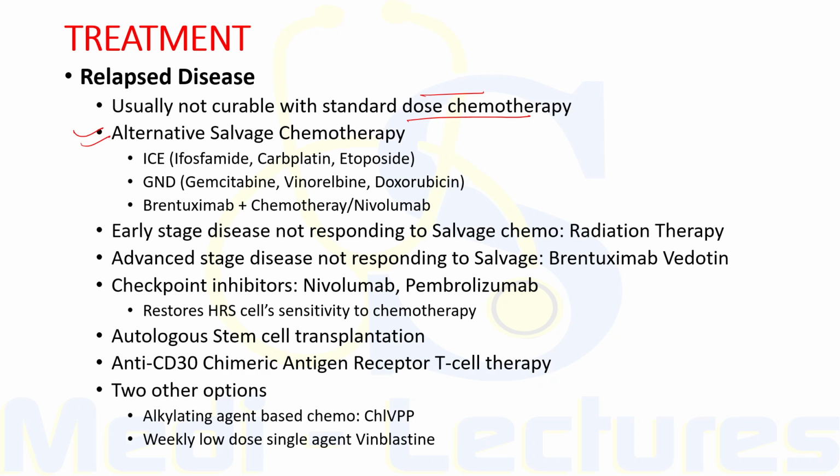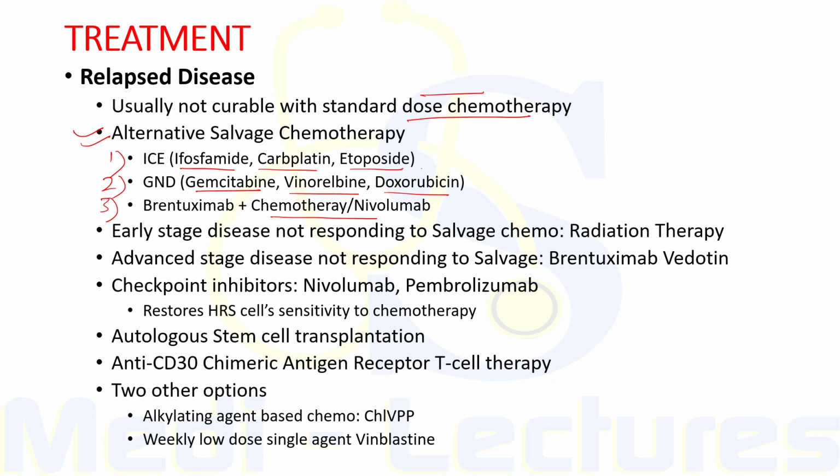Salvage chemotherapy regimens include ICE regimen, which includes ifosfamide, carboplatin, etoposide, GND regimen, gemcitabine, vinorelbine, doxorubicin, or brentuximab along with chemotherapy or nivolumab have also been tested.